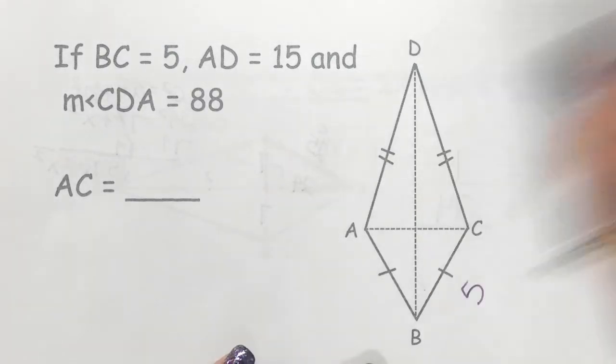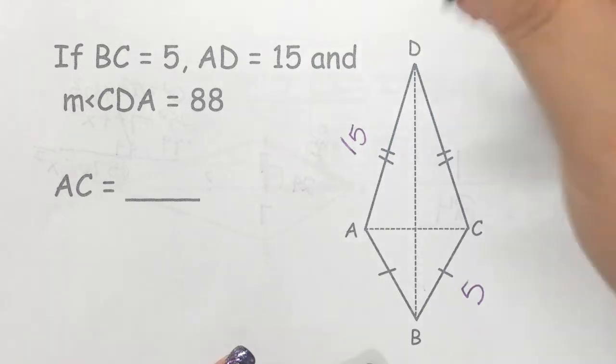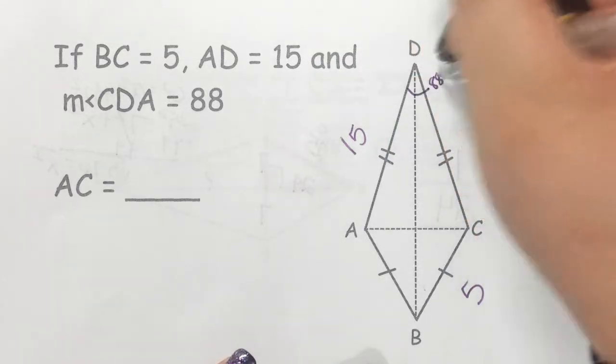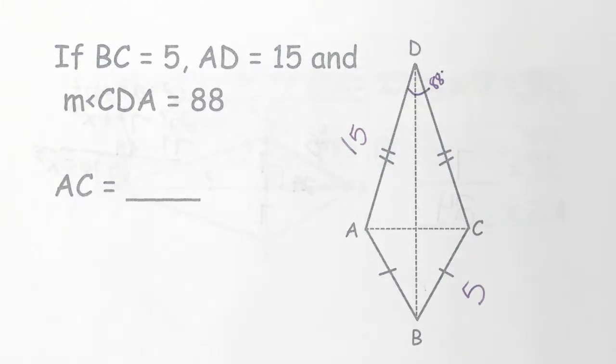BC is 5. AD is 15. And CDA is 88. Okay, so I want to know what AC is.